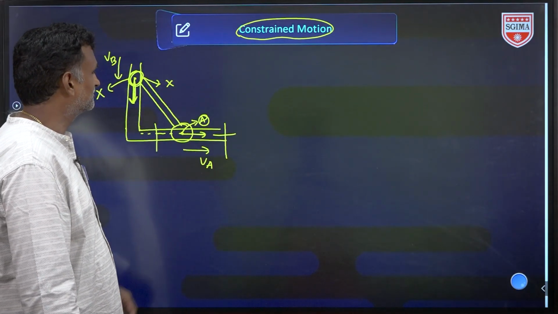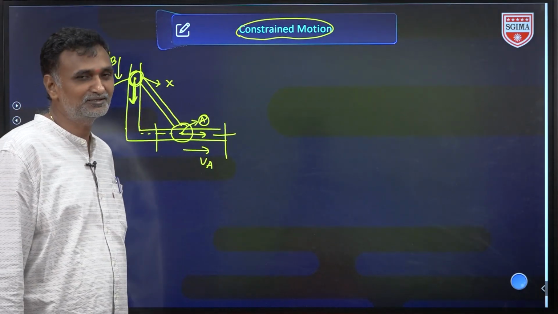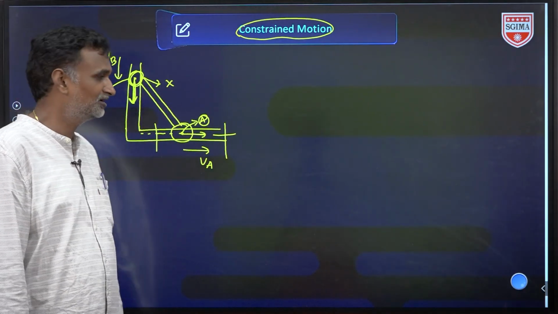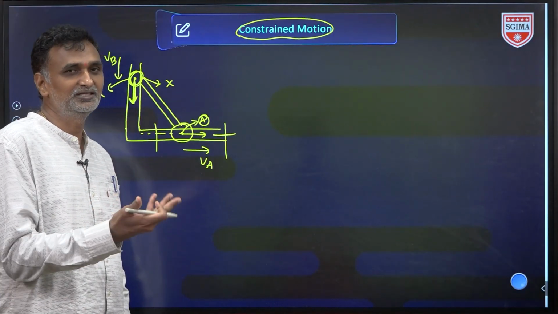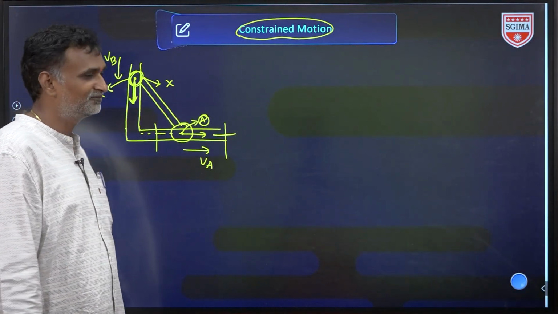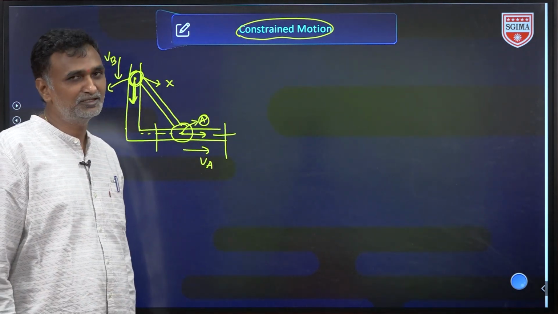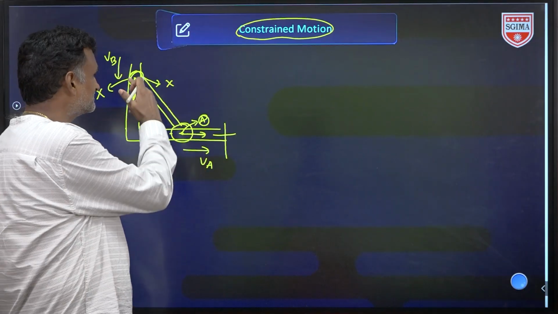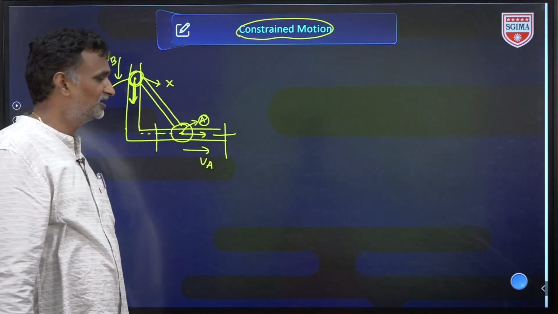If I ask whether VA and VB are the same or not, generally you may say VA equals VB. But as the illustrations are explained, you will come to know how these are related. These are not the same, just wait for the slide.